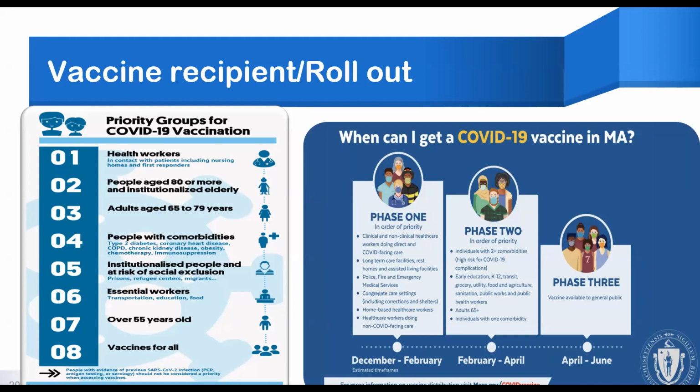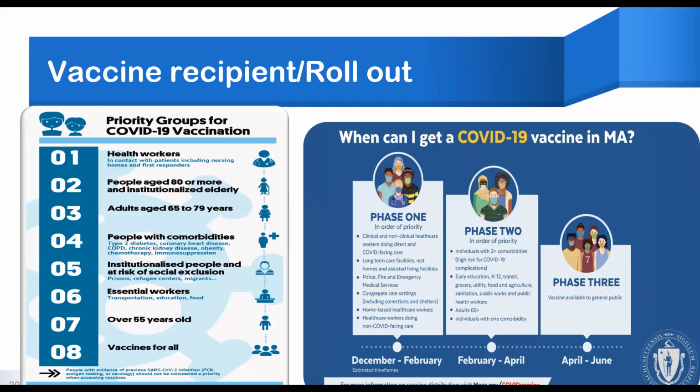Pangatlo is yung adults age 65 to 79 years old, yung mga medyo slight senior citizen. Then pang-apat, people with comorbidities. Comorbidities is yung may mga sakit.